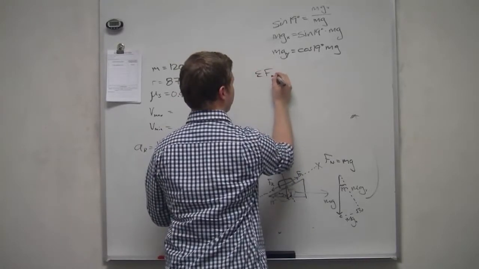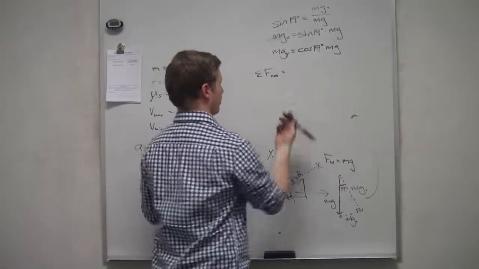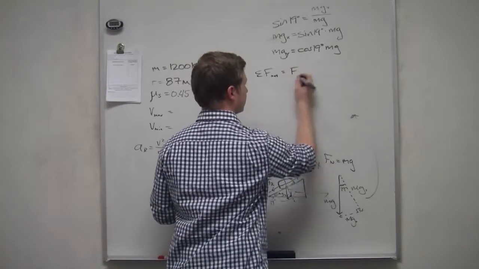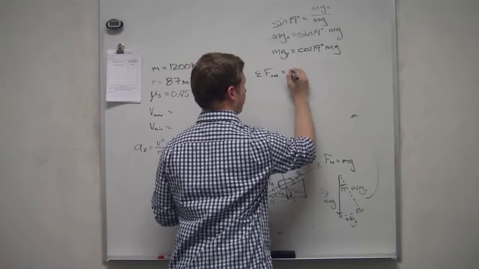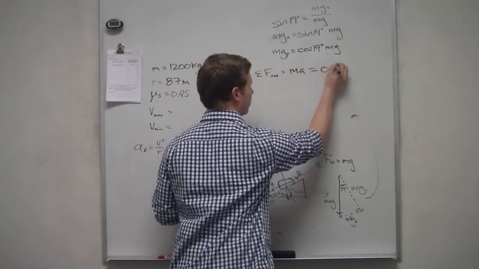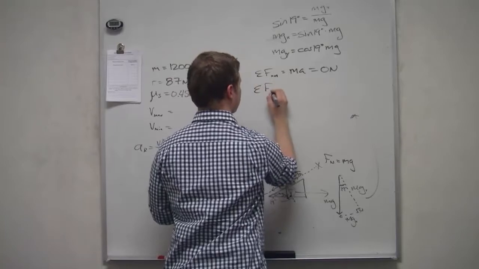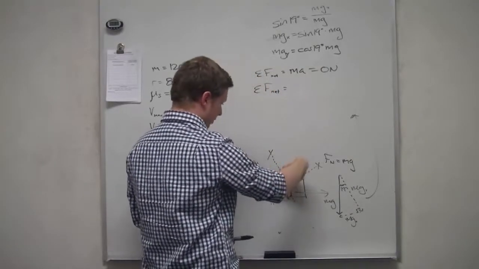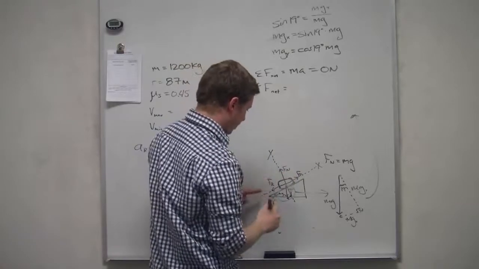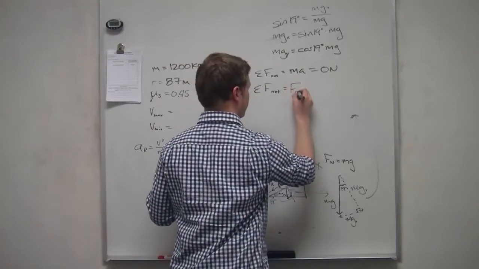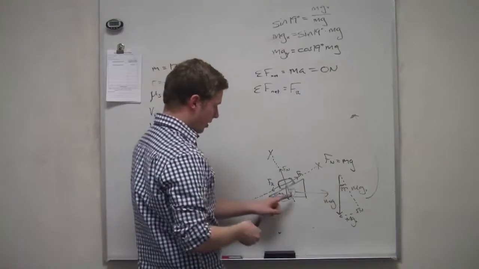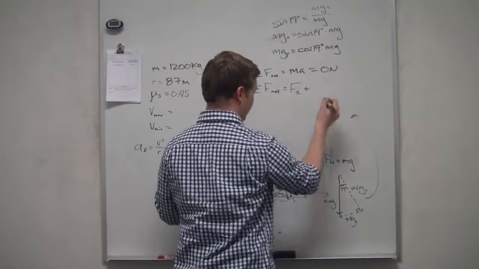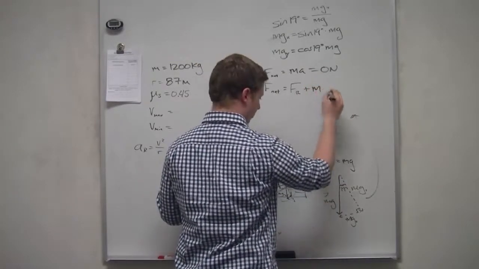Before, we looked at the net forces, all the forces: ma equals, and it's still going to be 0. Except this time we have an additional force. We still have our centripetal force pulling down, but now we have gravity pulling down too. We're going to have to add that and take that into account.